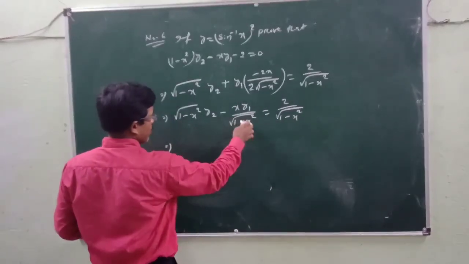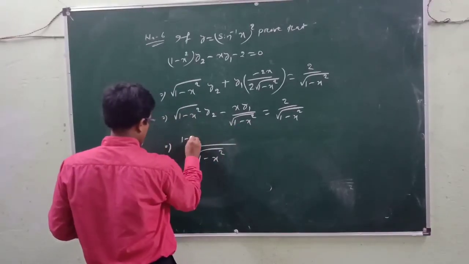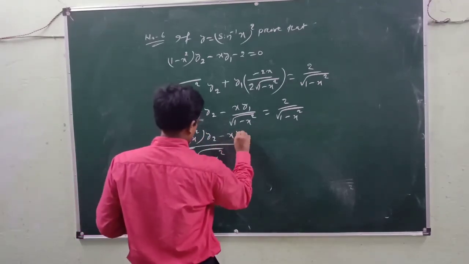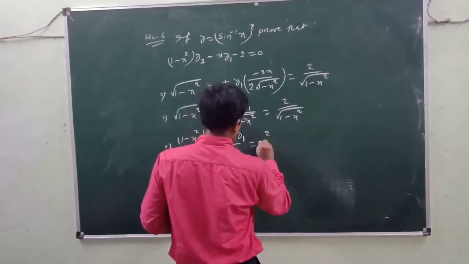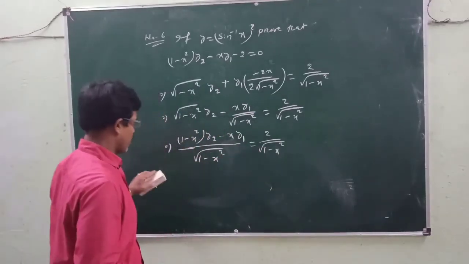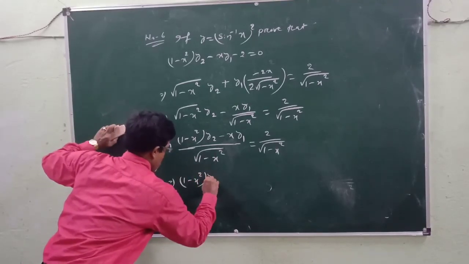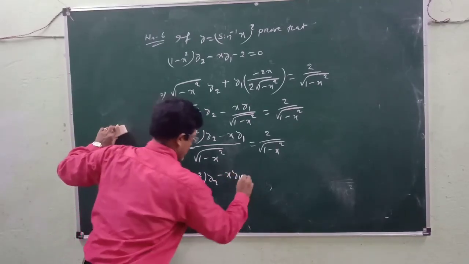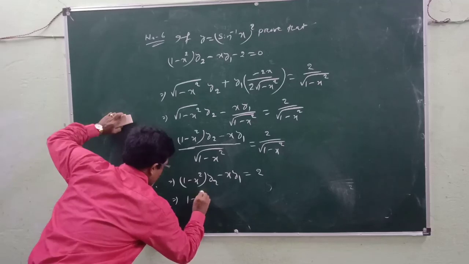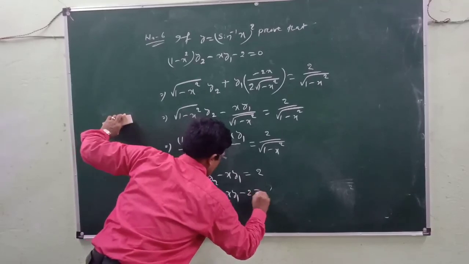So LCM is square root of 1 minus x square, then it will be 1 minus x square into y2 minus x y1, that equal to 2 by square root of 1 minus x square, cancelling both since these two are the same. It will be remaining 1 minus x square into y2 minus x y1 equal to 2, or that gives you 1 minus x square into y2 minus x y1 minus 2 equal to 0.